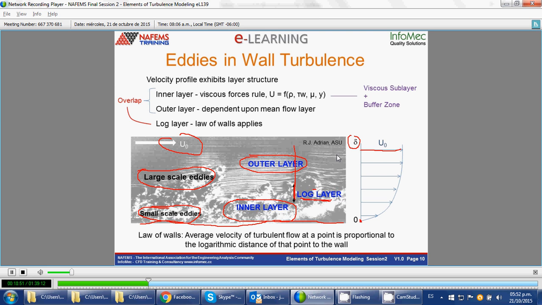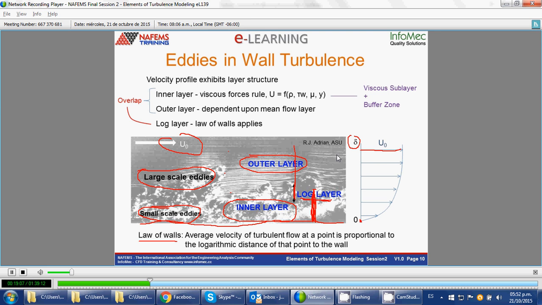So we need to know what distance from the wall we have at any point, because that determines whether the law of the wall is valid or not. I'll tell you why when we talk about this.